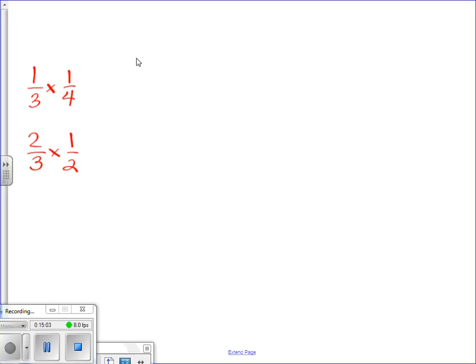So, if I have 2/3 of 3/4, the first thing I'm going to do is a rectangular model, because we need to become really good at modeling it and working it.